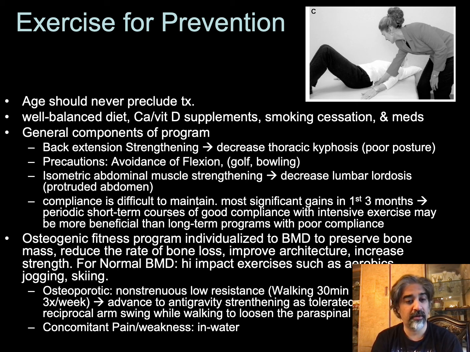For normal bone mineral density, high-impact exercises such as aerobic jogging and skiing, these are good, as well as anything that's going to be weight-bearing. For osteoporotic bone mineral densities, non-strenuous, low-resistance exercises can be started with, and then you can advance to anti-gravity strengthening as tolerated. And you want to encourage them to maintain a reciprocal arm swing while walking, and that helps loosen the paraspinal muscles.